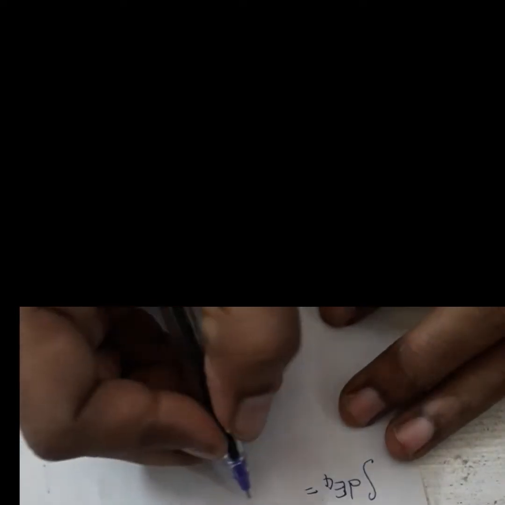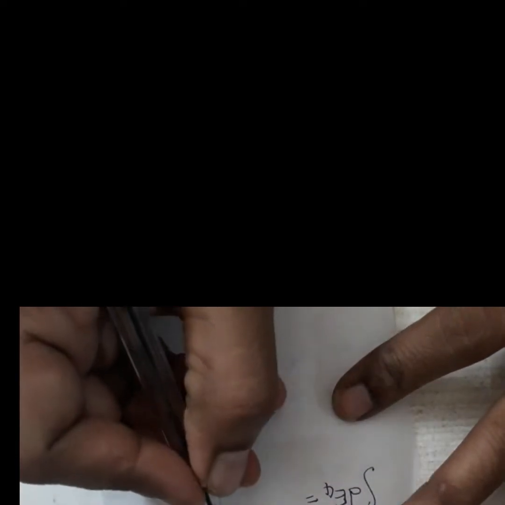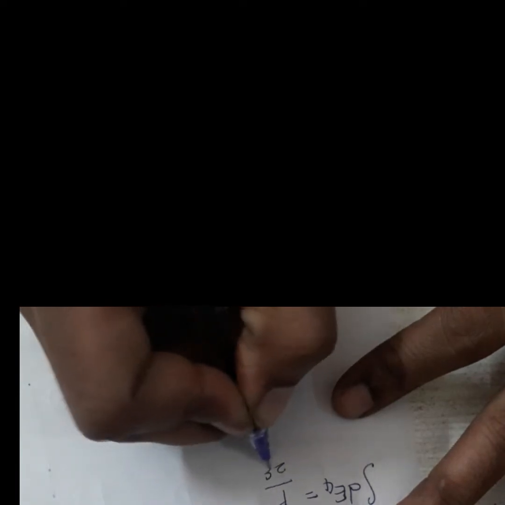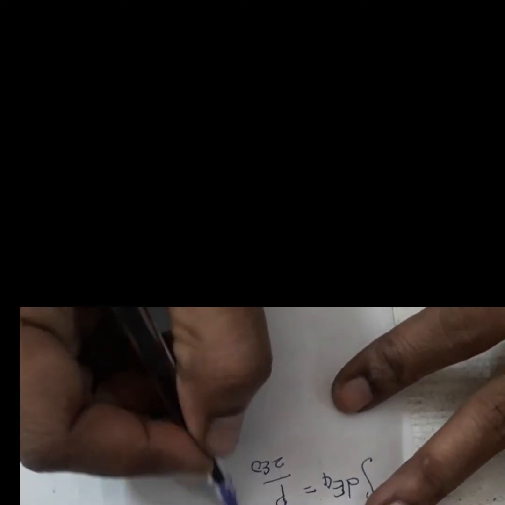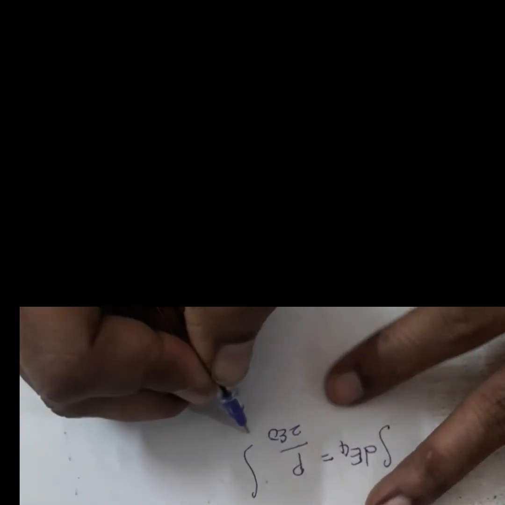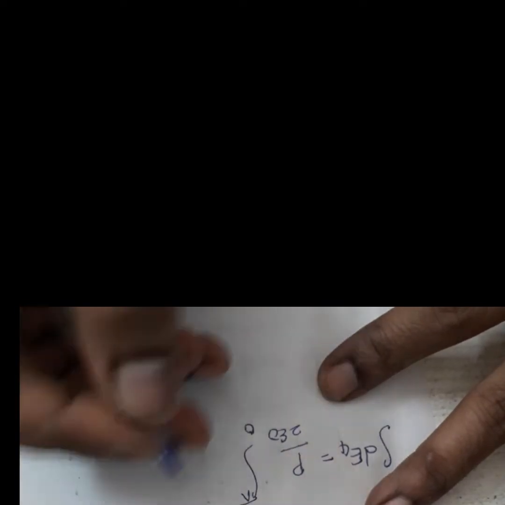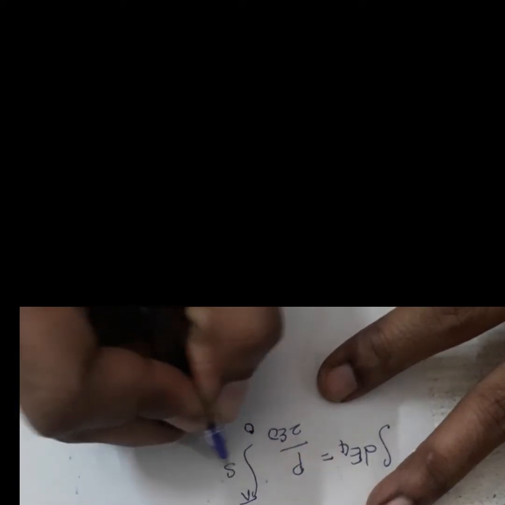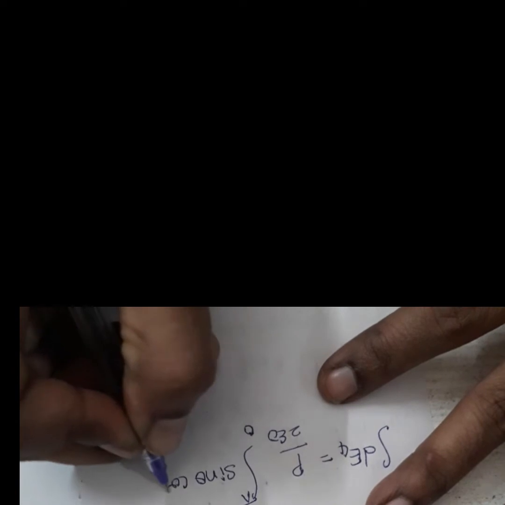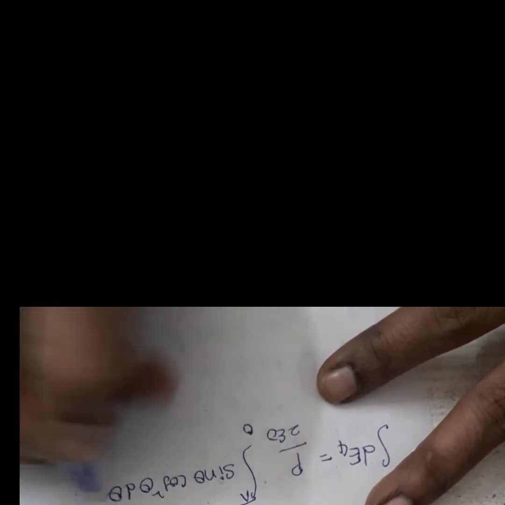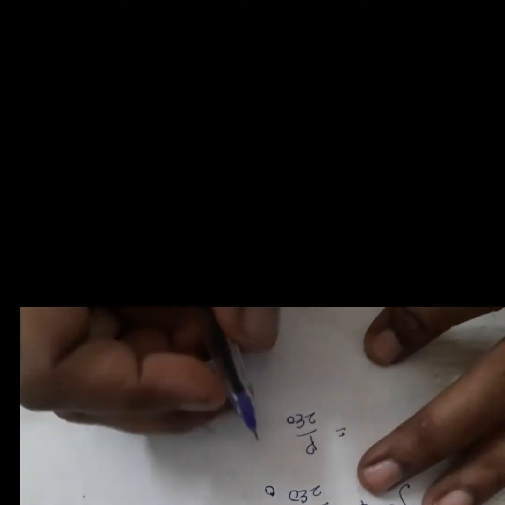E4 is equal to P is constant, 2ε0 is constant values, and we are taking the limits that as θ 0 to pi consider చేసుకున్నాము, sin θ into cos² θ dθ, and p by 2ε0 is common value, and here I am considering for the mathematical purpose cos θ is equal to x.